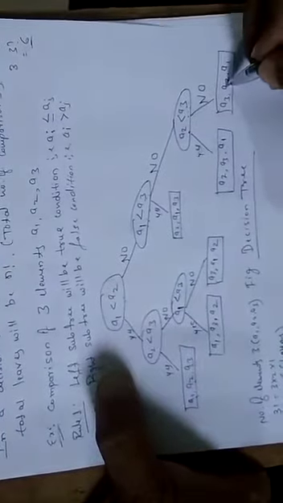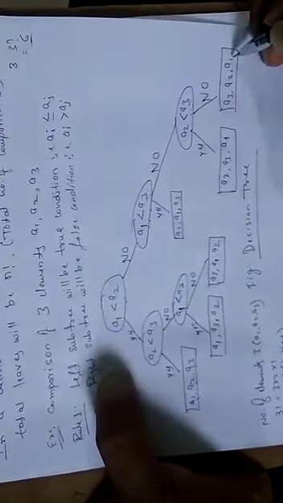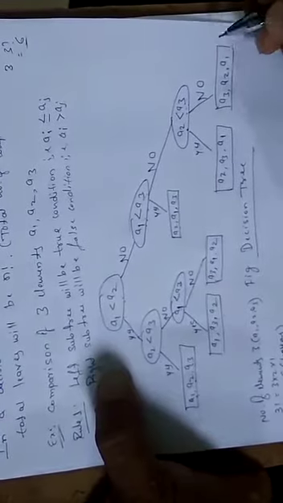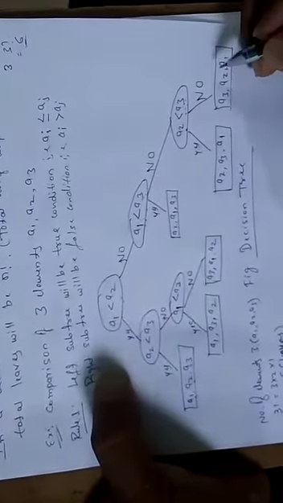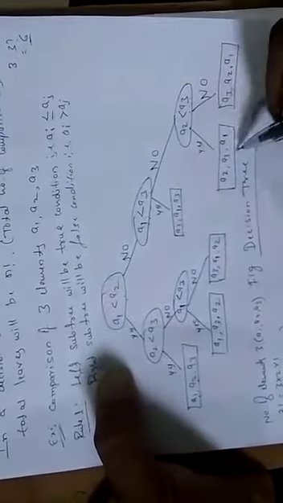So a1 is the largest in the given order. So we get these leaves, total 1, 2, 3, 4, 5, 6.